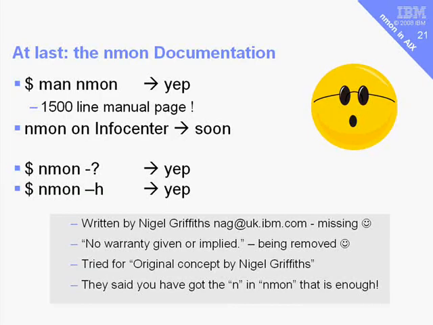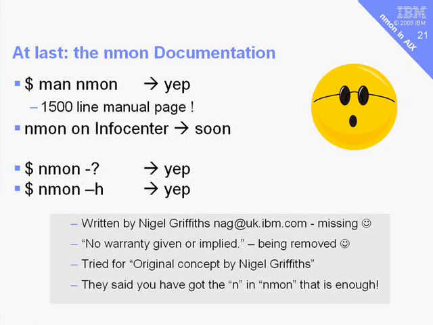There is now an nmon manual page, for example. The nmon is in the info center. I only put soon there because I haven't tested it. It only became available 2 weeks ago, and it should be on the web now. And we've got things like minus question mark gives you just the hints, and minus H gives you the help details. That's all there too, just as before.